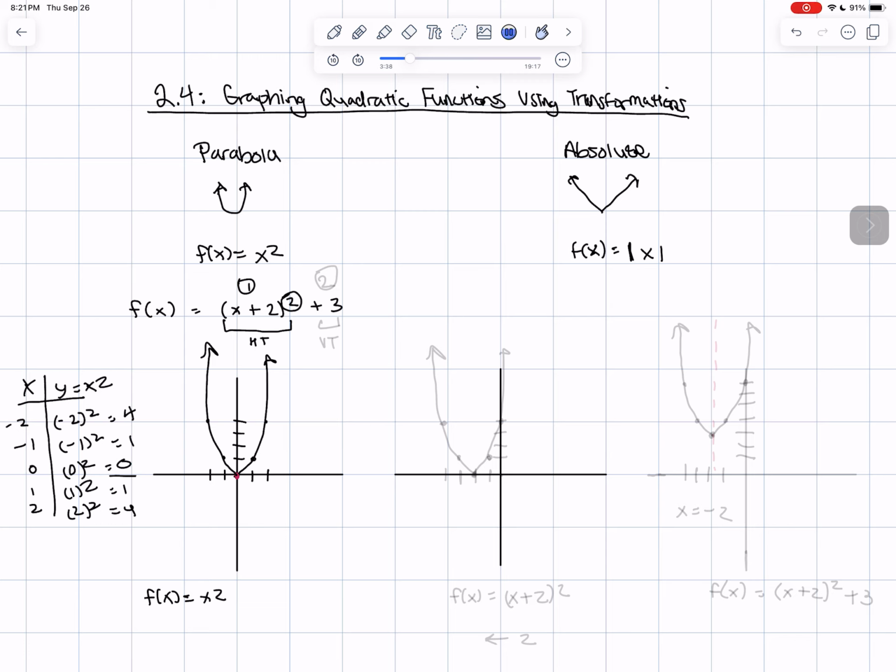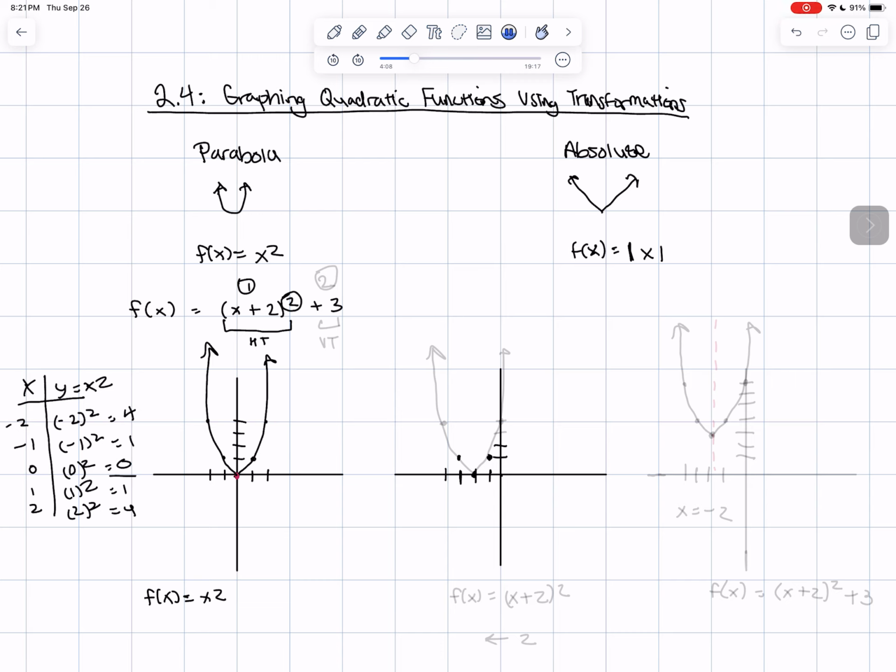So that means if I look at this and I see a +2, for the horizontal shift I have to do the opposite. So if it's positive, I have to go negative. If it was negative, I would have to go positive. So in this case, when it's positive, it means I have to go left 2. So from the middle, left 2, I'm here. So now my new center is there. The other points will just follow in line.